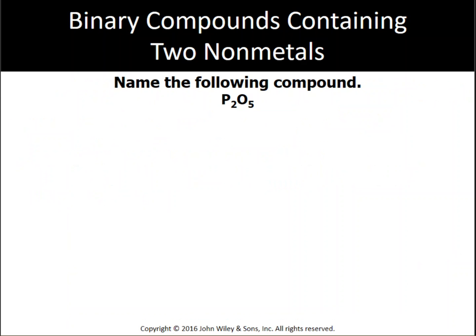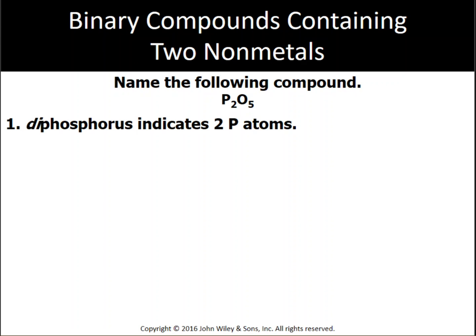So let's say we want to name this compound, P2O5. This is how you want to approach this. This is a binary molecular compound because it's composed of phosphorus and oxygen, both nonmetals. And remember that for molecular compounds, we gotta use prefixes to name them. So you have two phosphorus, you call this diphosphorus, and you have 5 oxygen, which is pentoxide.